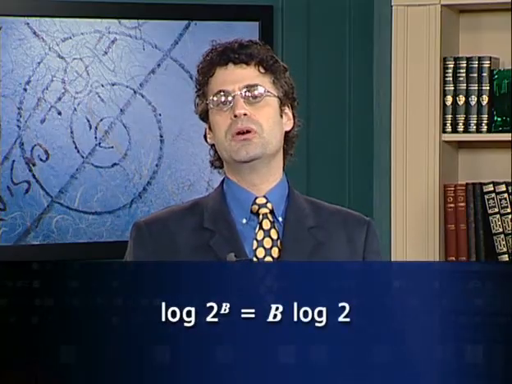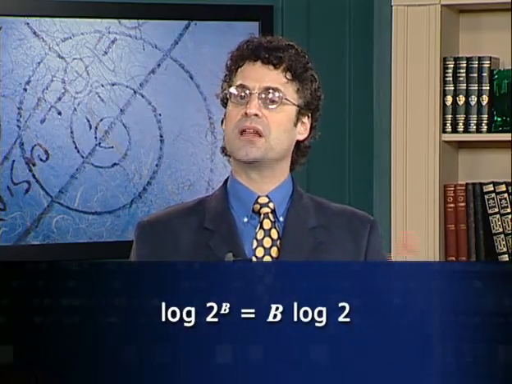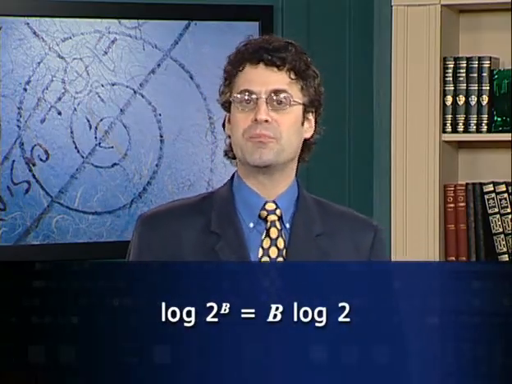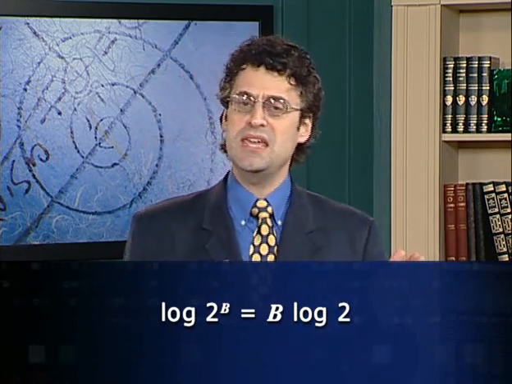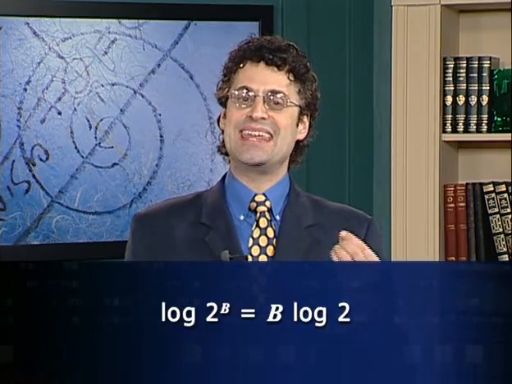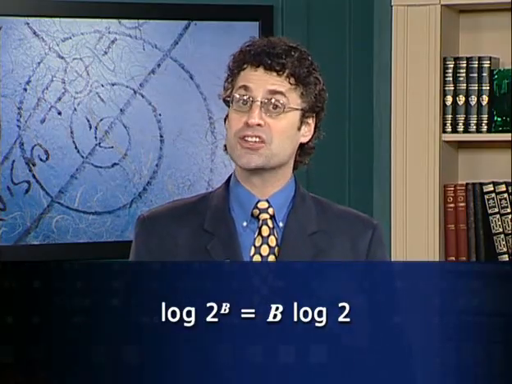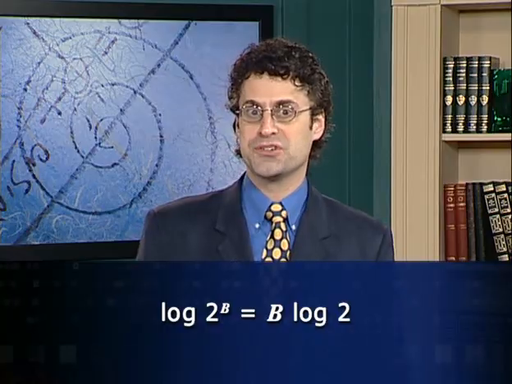Okay, so how can we make this surprising assertion believable? Well, we first consider the logarithm of 2 to the b power. Now, by properties of logarithms, it follows that the log of 2 to the b is actually equal to b multiplied by the log of 2. That's an identity from properties of logarithms. So in other words, log of 2 to the b is an integer multiple of log 2, namely b times log 2.